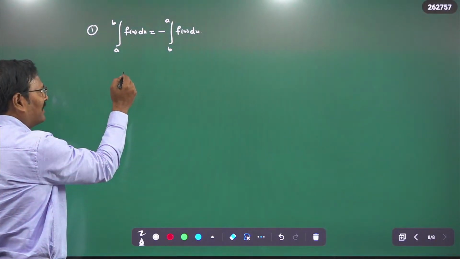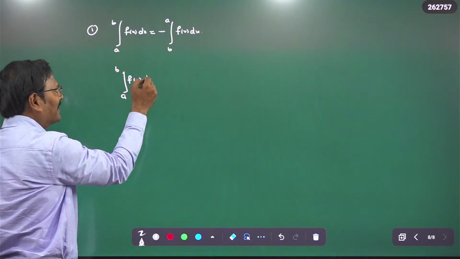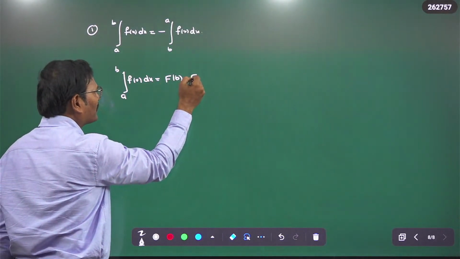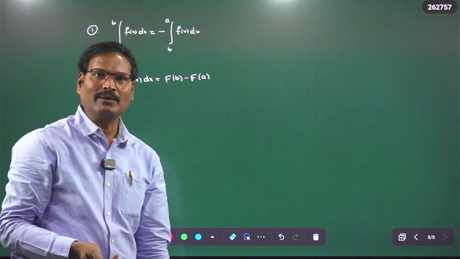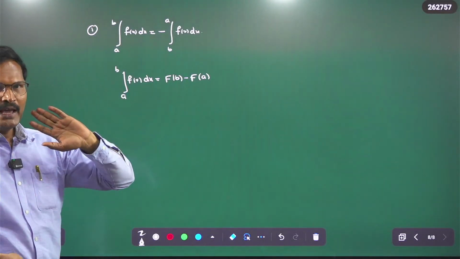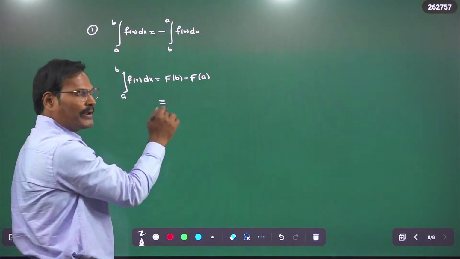I will prove it. Listen, by the definition of definite integral or the fundamental theorem of integral calculus, we can write integral a to b f of x dx equal to F of b minus F of a. Now I am taking minus common.